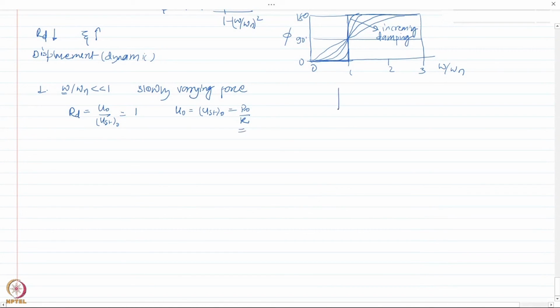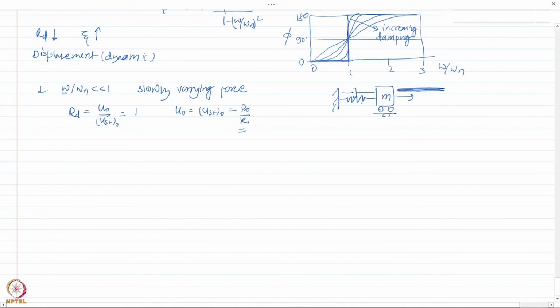So what I'm basically saying is, let us say I had a spring mass damper here. If I apply a force and the load is very slowly applied, what will happen is the effect of mass won't be that much.